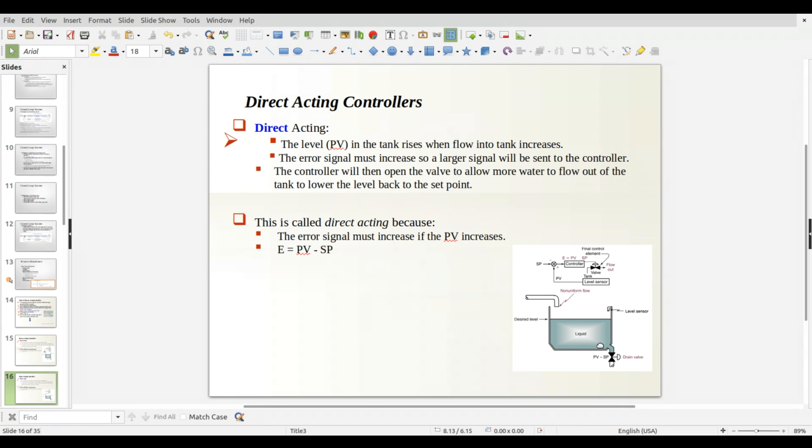Now, on the other hand, if we put the valve down here on the drain, then as your error increases from your desired level, you have to open the valve more. Okay, and so that's why they call it direct acting. So the difference between reverse and direct acting is basically where you're putting your controller.